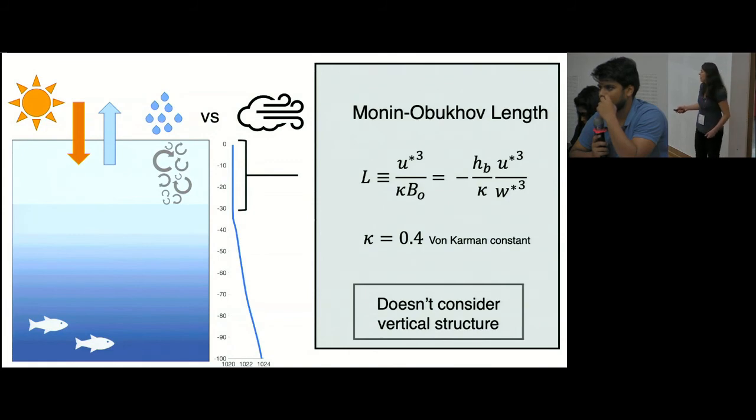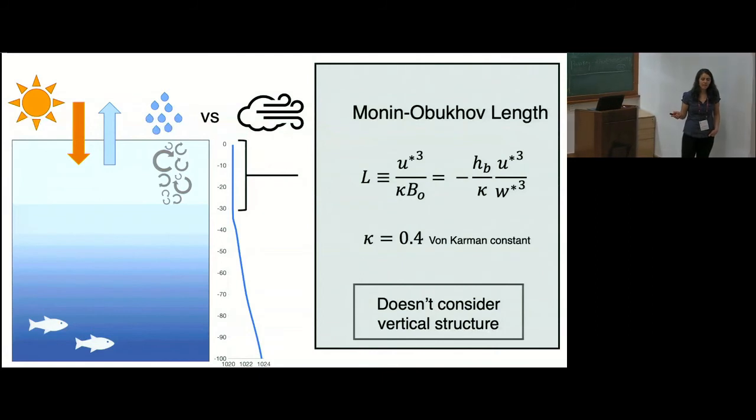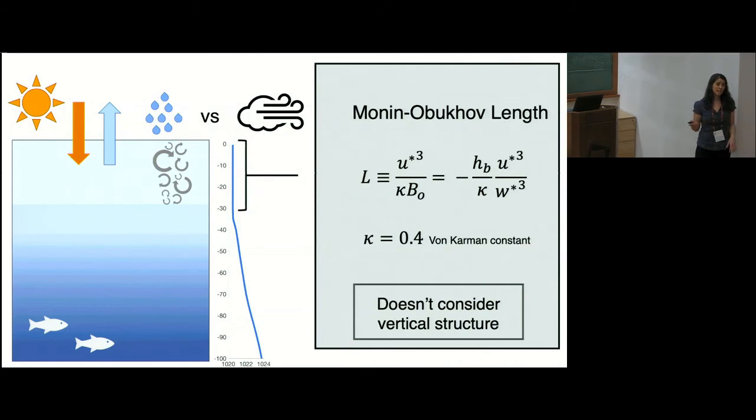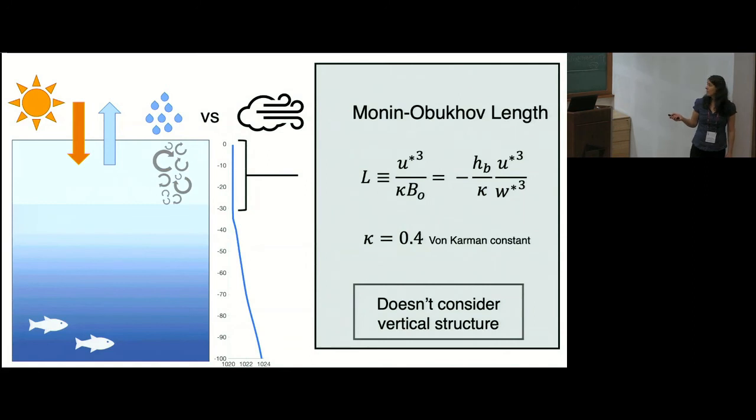Yeah, so for example, this usually tends to be deeper. In KPP, for example, you can never have a mixed layer depth that's deeper than Monin-Obukhov, and so it's generally considered an upper limit. That's a good question.